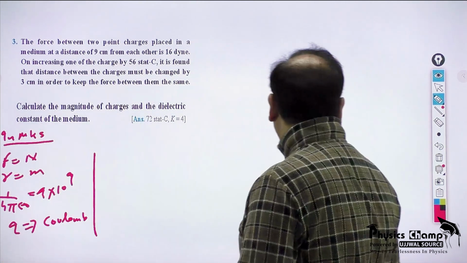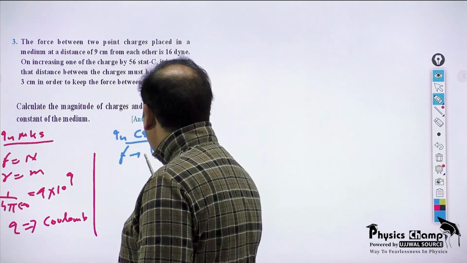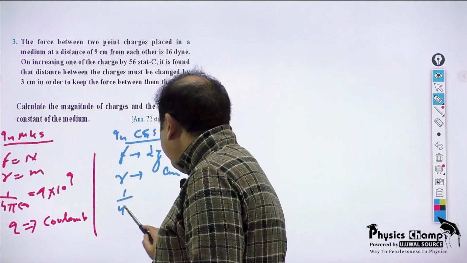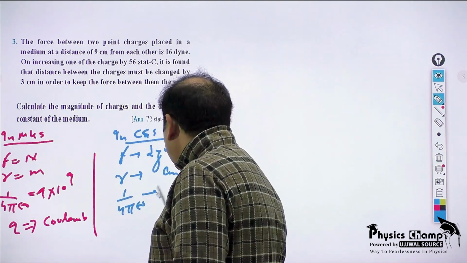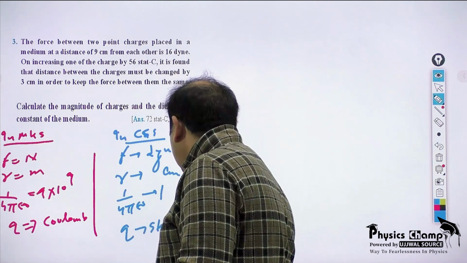But in CGS, the force will be in dyne, the distance will be in centimeter, the value of 1 by 4 pi epsilon naught will be 1, and the charge will be in stat Coulomb.